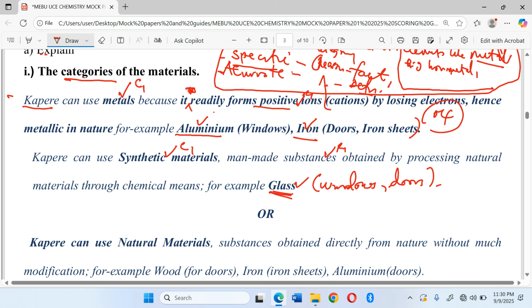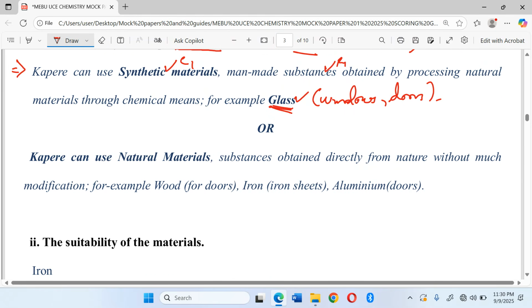So we're looking at different alternatives. We have this, we have this. Now we have also this one. Let's look at it. That Capelli can use natural materials. So natural materials is the category. Substances obtained directly from nature without much modification. This is the reason. Examples, we're having wood for doors, iron for iron sheets, aluminium for doors.